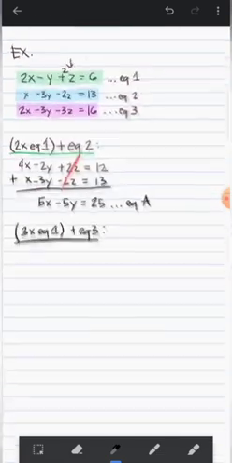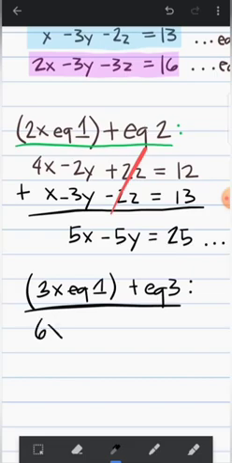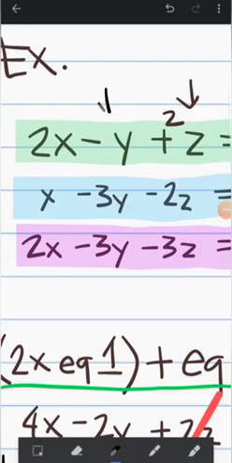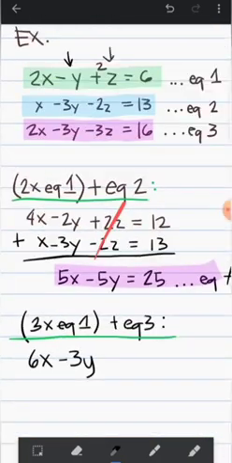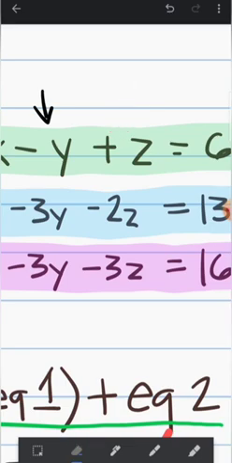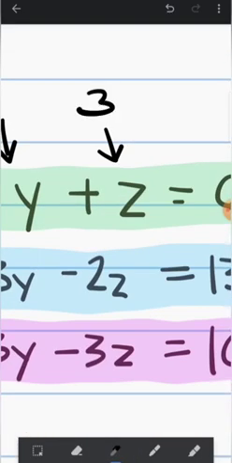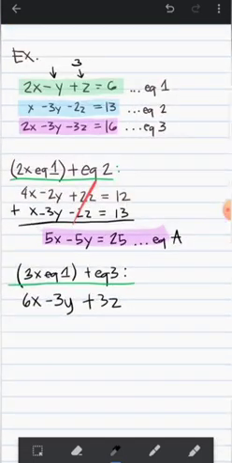So, with this, 3 times 2 is 6x. 3 times negative y would be negative 3y. Times 3 to the z, that's plus 3z. Right?